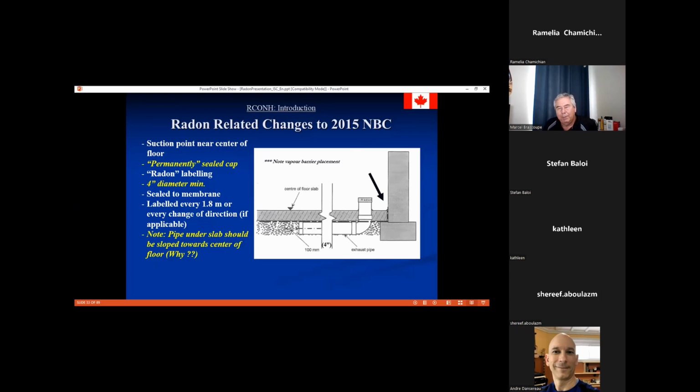The big problem that we see nowadays is because everybody gets this drawing, makes a copy of it out of the National Building Code, and they go to the site and do their installation. So if you look at the end of the pipe here, you've got this little rectangle at the end of the pipe, and we have the same rectangle at the top of the pipe. So we know that this is a cap.